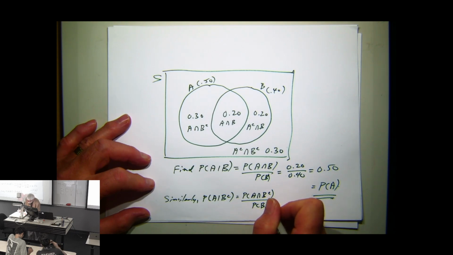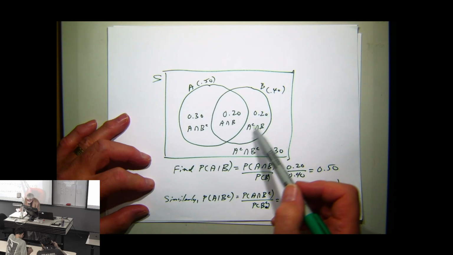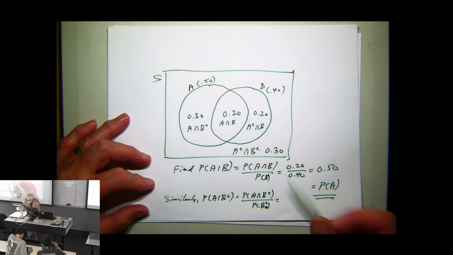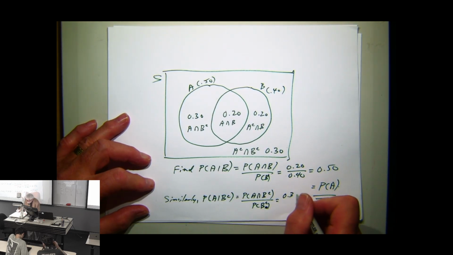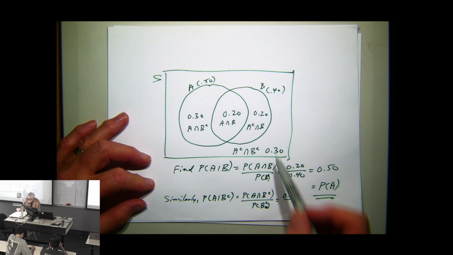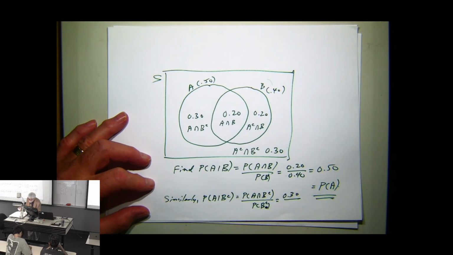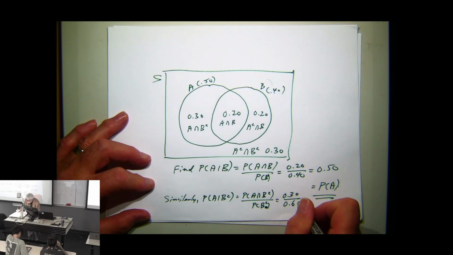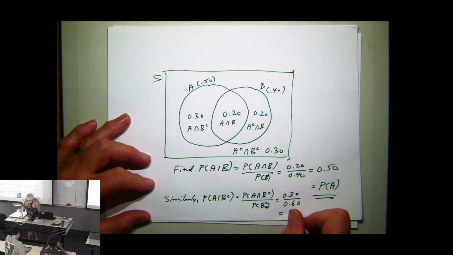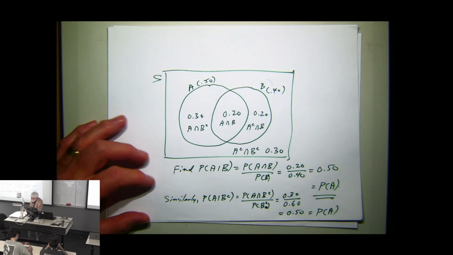And you would have said A intersect B complement is 0.30 over the probability of B complement. Well, the probability of B is 0.4, so the probability of B complement is 0.60. But again, you notice that's 0.50, which is just the probability of A.